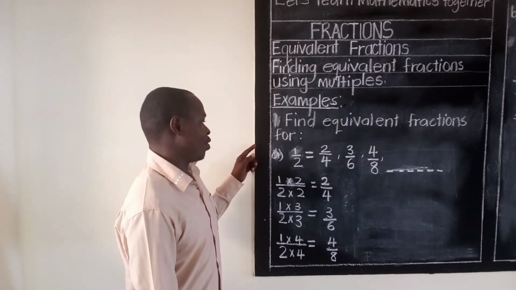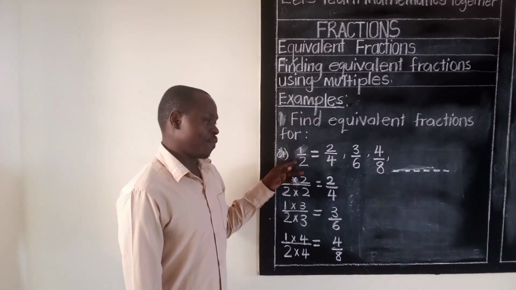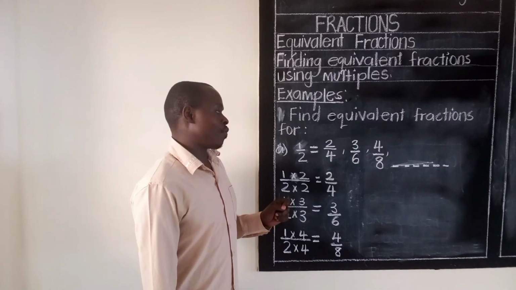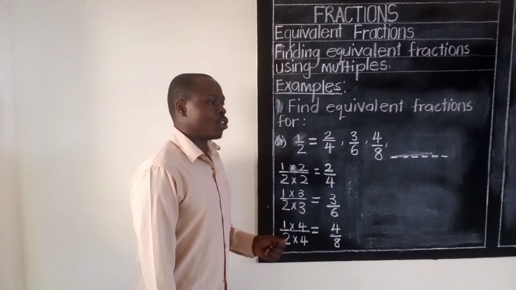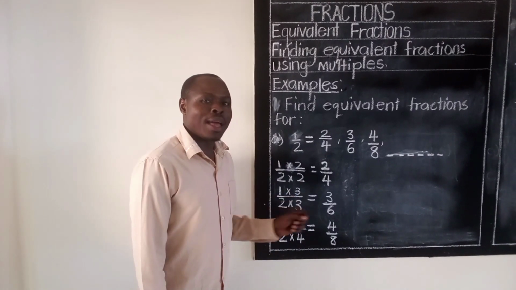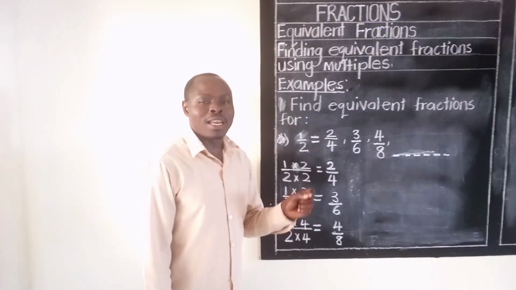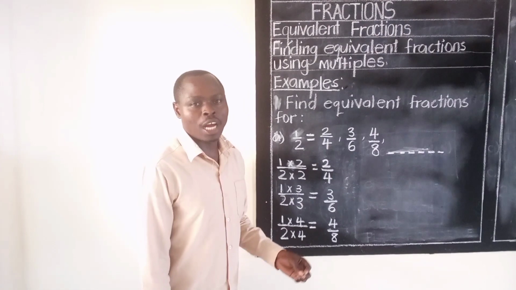Find equivalent fractions for a half. We are looking for those fractions that are equal to a half. Using the knowledge of multiples, we multiply the numerator and the denominator with the same factor.